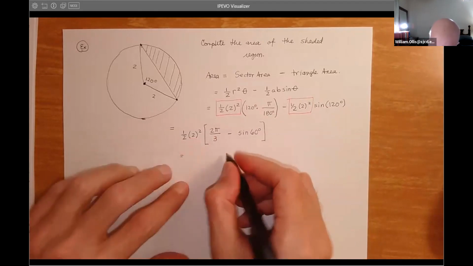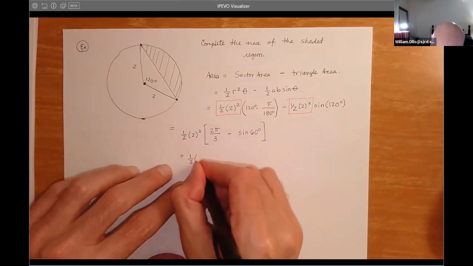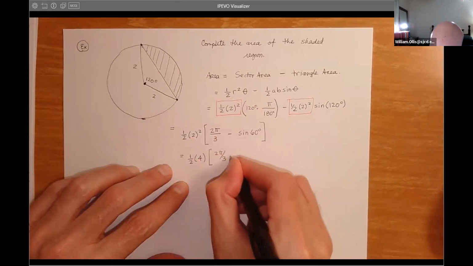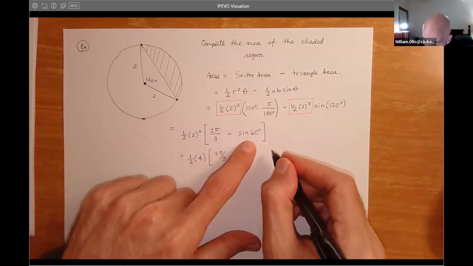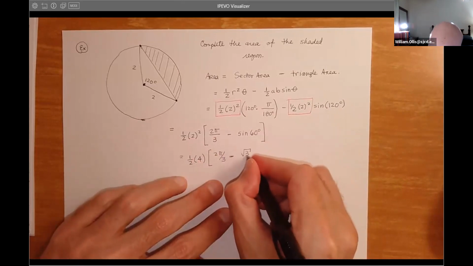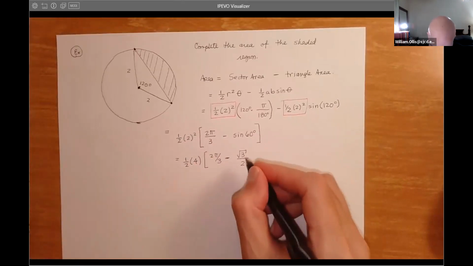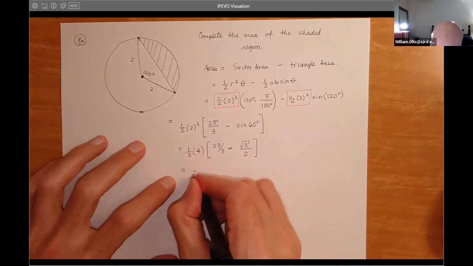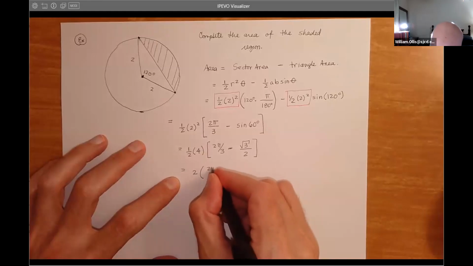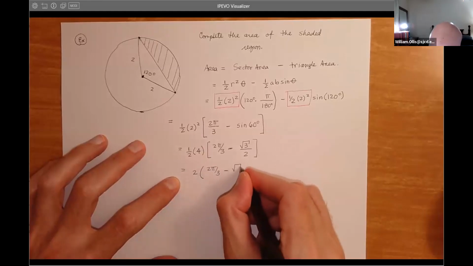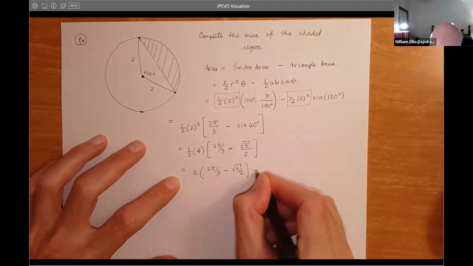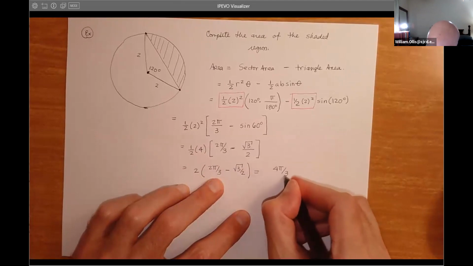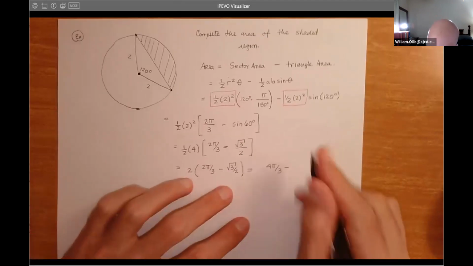So now, of course, we have 1/2 times 4. So we get 2 pi over 3. And of course, sine of 60 degrees is sine of pi over 3 radians, which is √3 over 2. So of course, 4 divided by 2 is 2. So we get 2 pi over 3. And then multiplying by 2, we get 4 pi over 3. And of course, here the 2's absorb, minus √3.